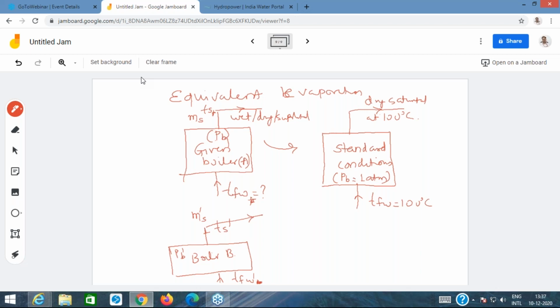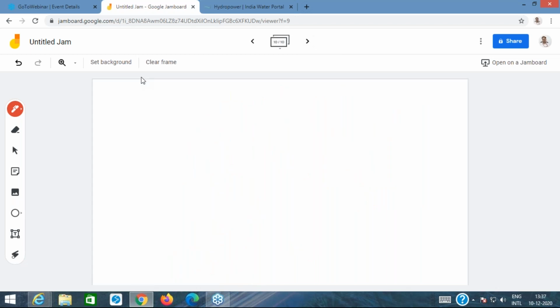Now I want to compare boiler A with boiler B. So I need to calculate the equivalent evaporation of boiler A, and the equivalent evaporation of boiler B. Now how do I calculate that? To find equivalent evaporation, I compare boiler A with a standard boiler.